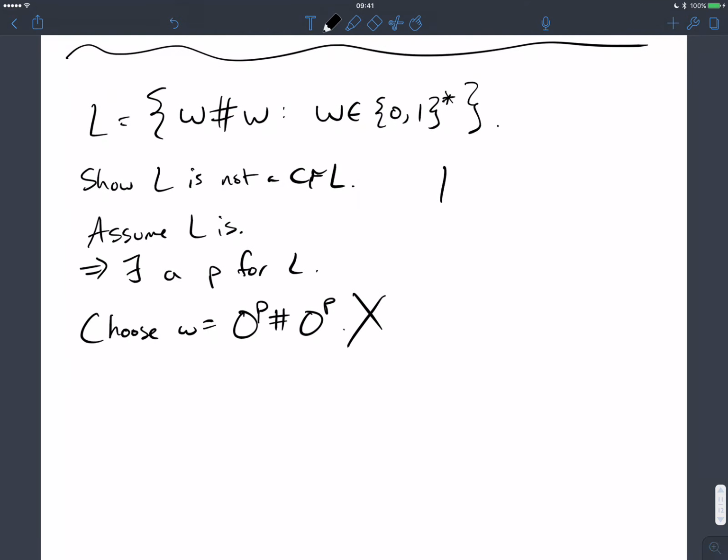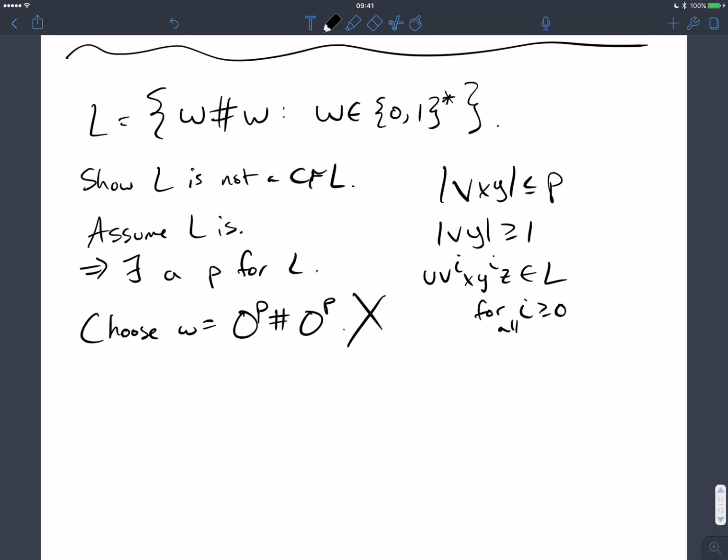So it says that the three middle parts are not too long, the two middle parts are non-empty together, and if you put in I copies of V and I copies of Y, so this I should say for all, you always stay in the language. And the question is, does there exist a decomposition such that that condition holds?